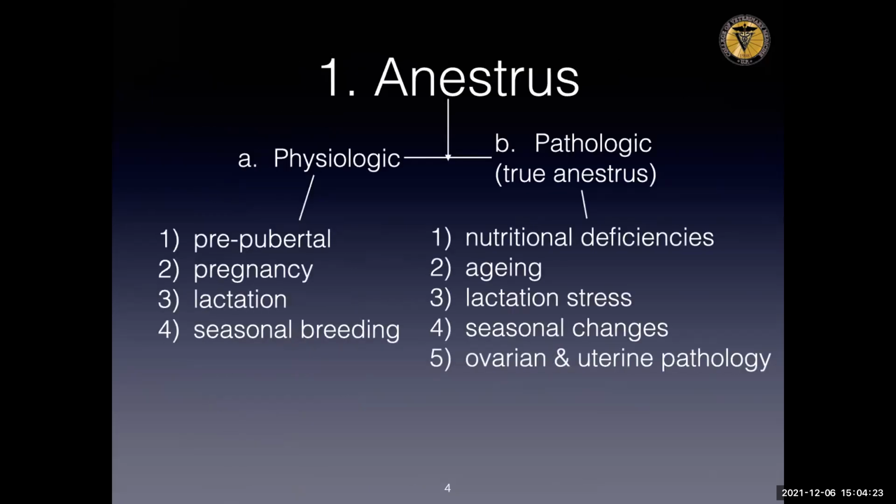Okay, so let's get to it. The first problem on our list would be anestrus, and this could be caused by physiologic or pathologic factors. For physiologic factors, we look into whether the animal is still not sexually mature. That's why it's physiologically still anestrus.